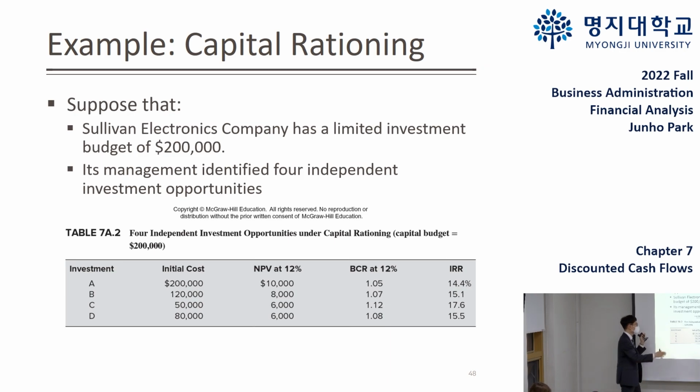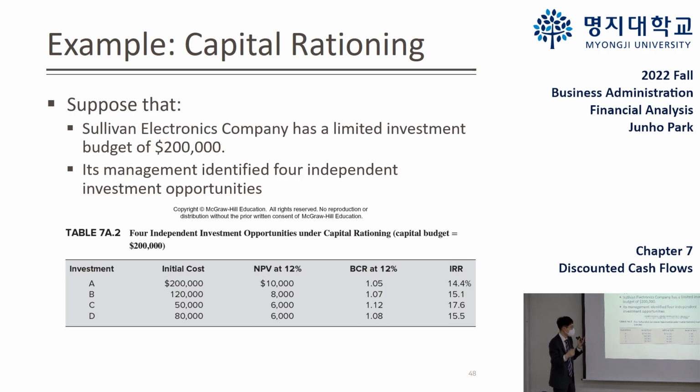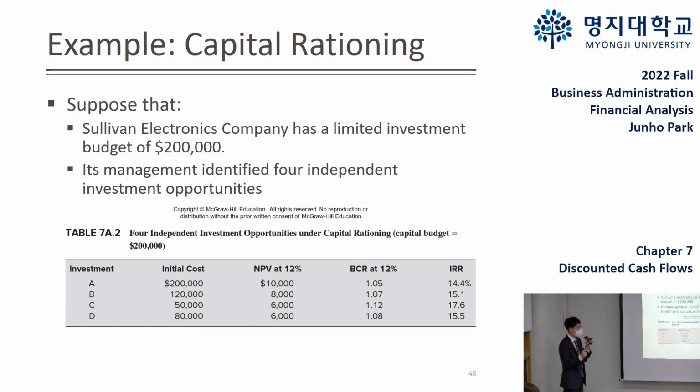Then I can still have B or D, but I cannot have A. Finally, if I choose D first, I spend $80,000 and have $120,000 in my pocket. Therefore, I can further choose B or C.